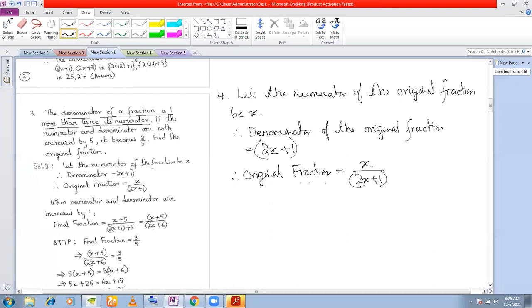Now, what have they done with the original fraction? If you see the second part of the problem, it states if the numerator and denominator are both increased by 5, then the fraction becomes 3 by 5. What is the new fraction that you are getting if you increase numerator and denominator by 5?